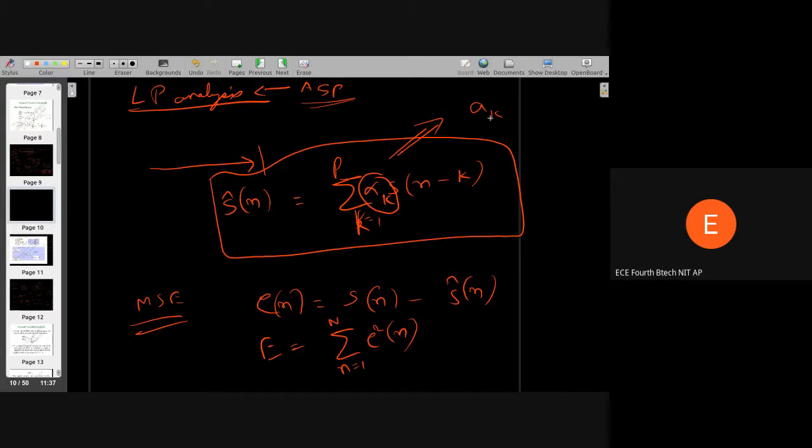But our objective is to minimize the mean square error with respect to these coefficients that we have.